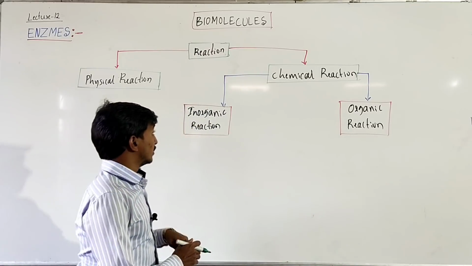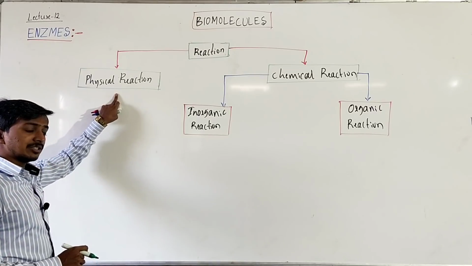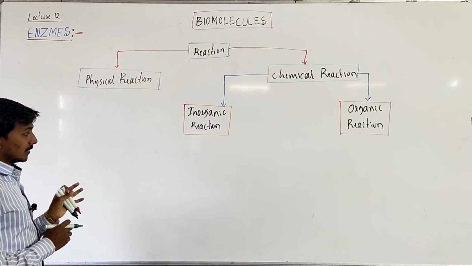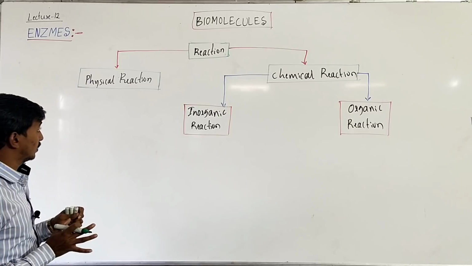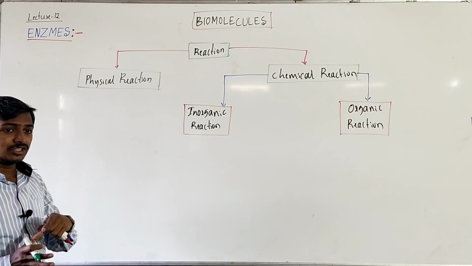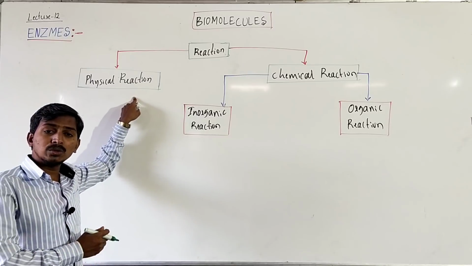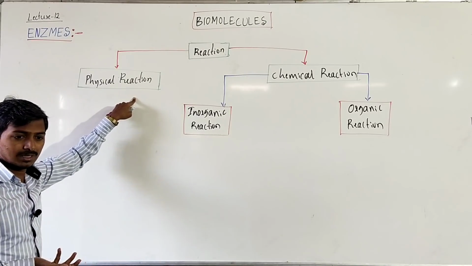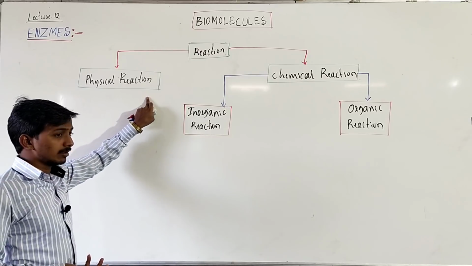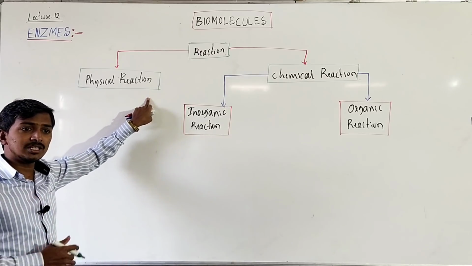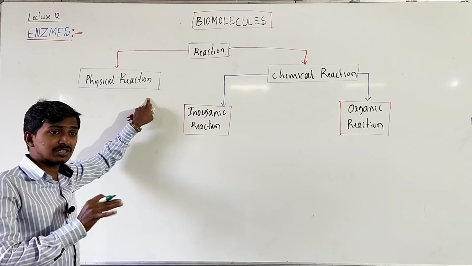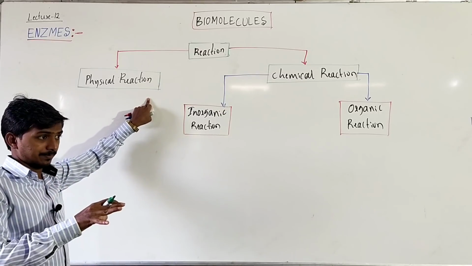Physical reaction means just the change in the shape, without any breaking of bonds or formation of bonds. It just makes a physical or visible change in the shape of the molecule.